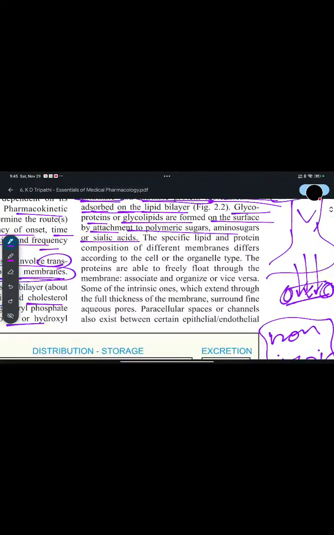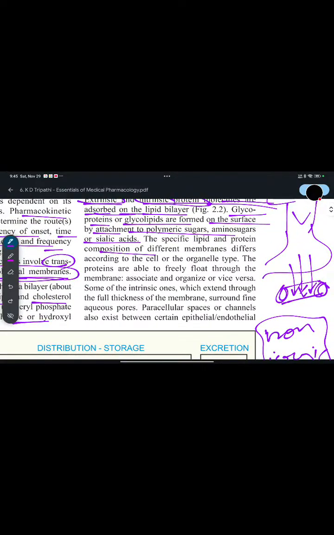The specific lipid and protein composition of membranes differs according to the cell or organelle type. In different organelles the lipid and protein composition will be different, and in different cells also it will be different.